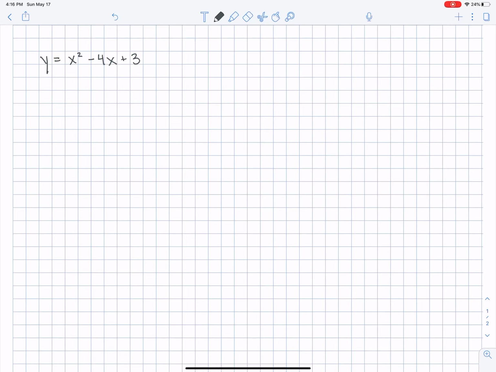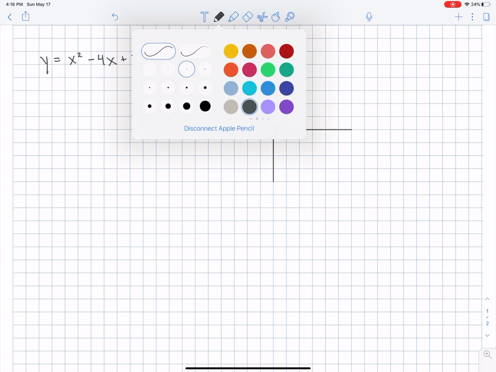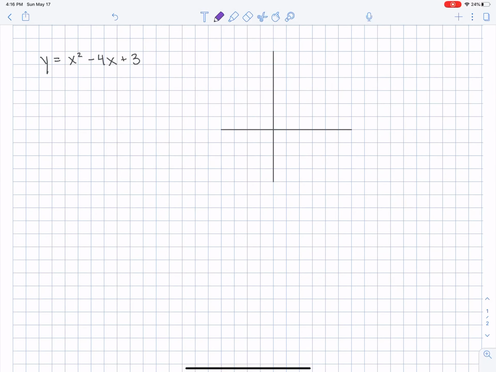Okay, I'm going to set up my axes over here. And we're going to walk through a few different things in terms of this parabola. So the first thing that I need to figure out is my axis of symmetry. And if you remember, we use AOS for our axis of symmetry.